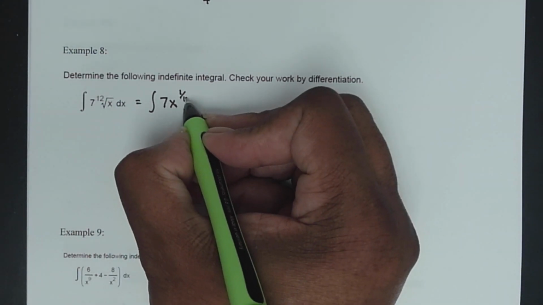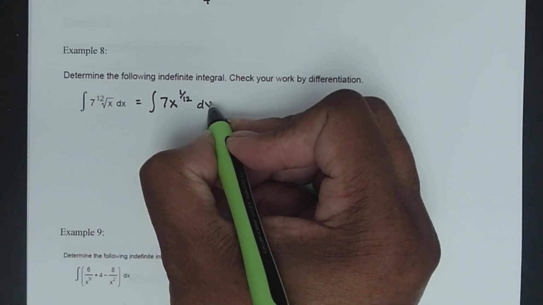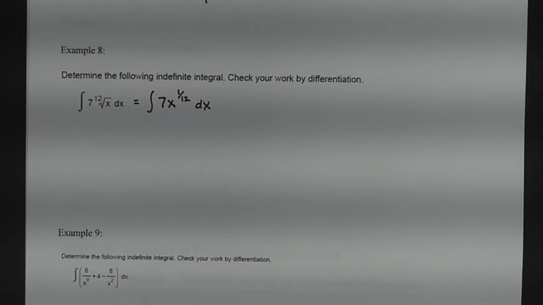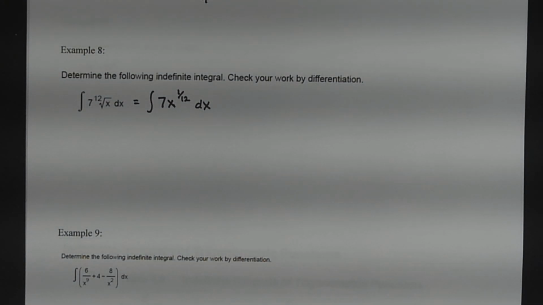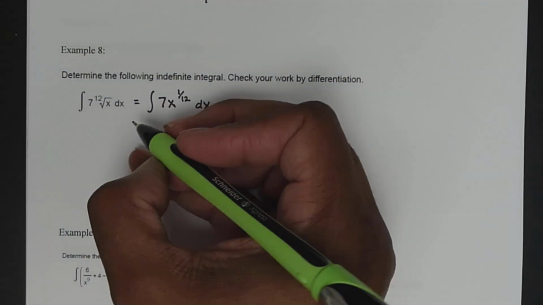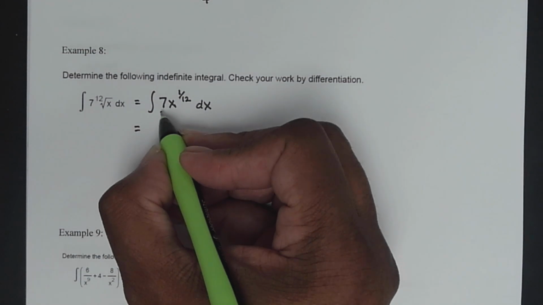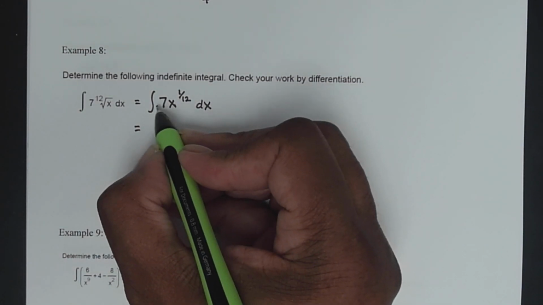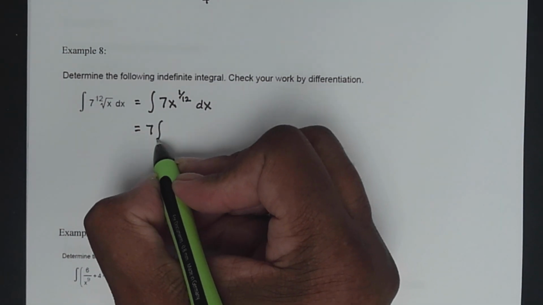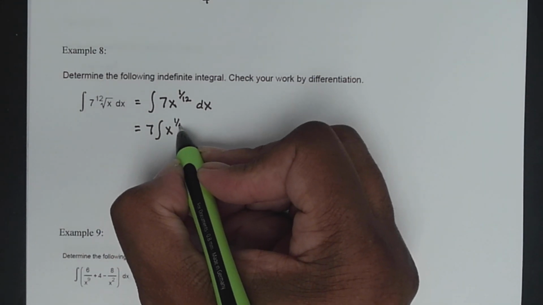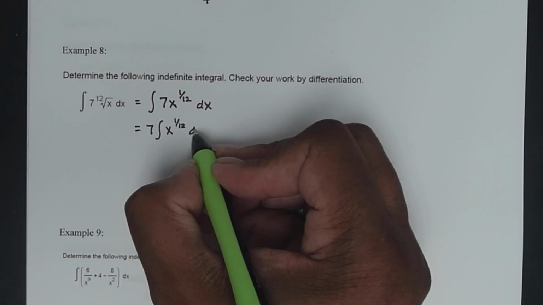My index is a 12, so that's your denominator. And then dx. So I have the integral of 7x to the 1/12 dx. Well, using the constant multiple rule, I can pull the 7 out in front, so it'll be 7 times the integral of x to the 1/12 dx.